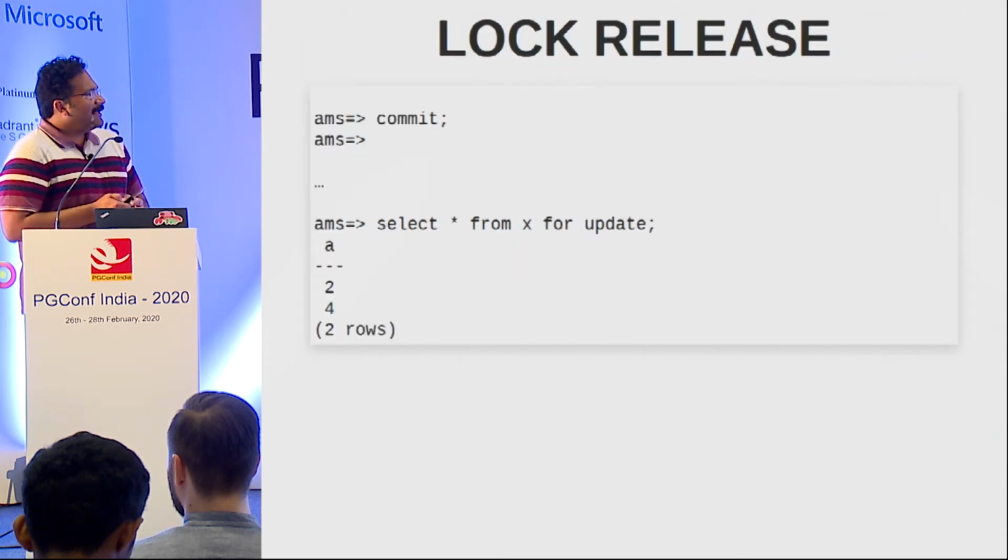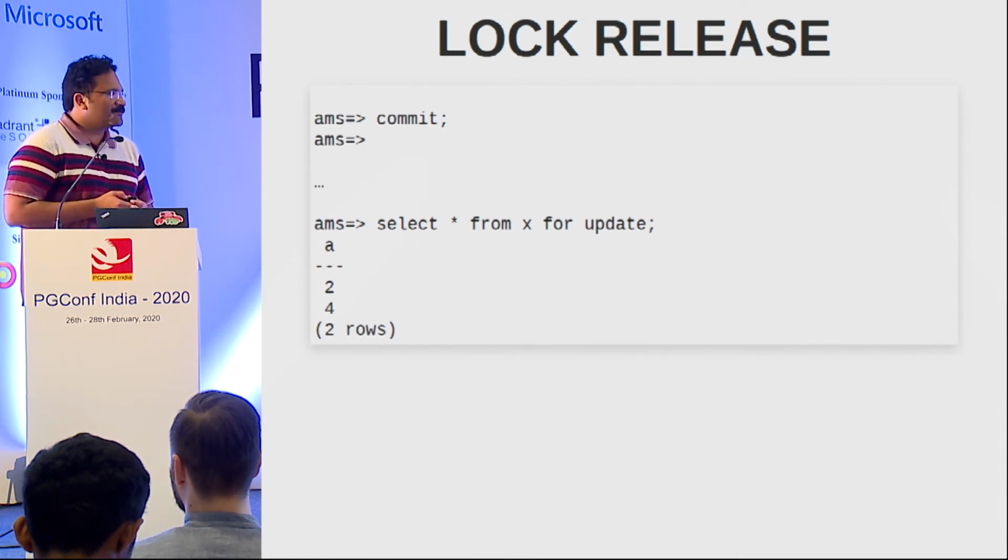So here, if I commit the update transaction, the select for update, which was hanging until now, suddenly returns 2 rows.